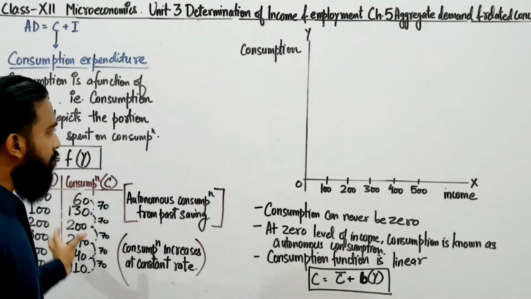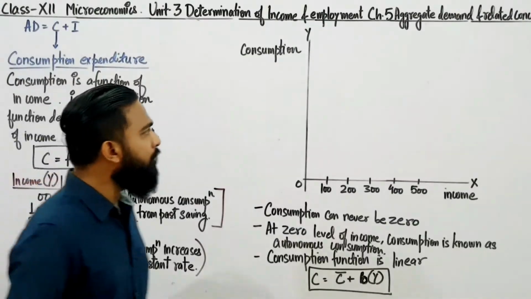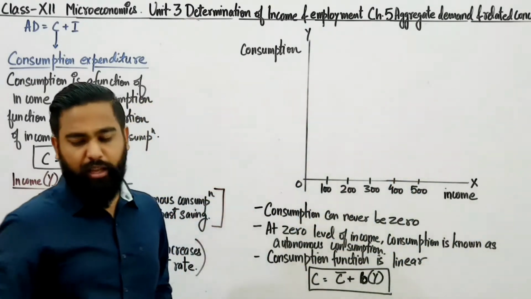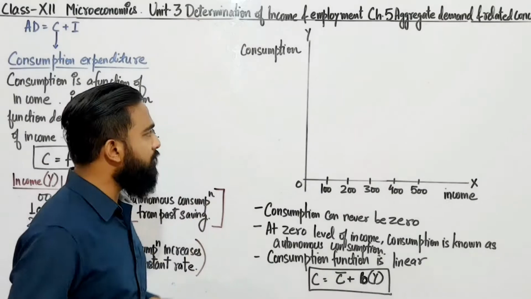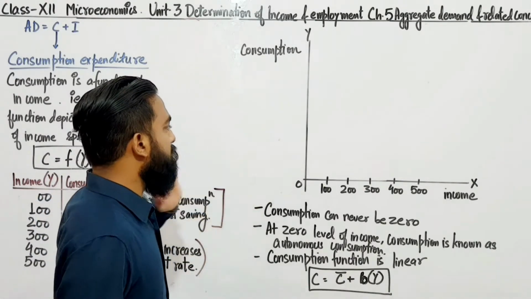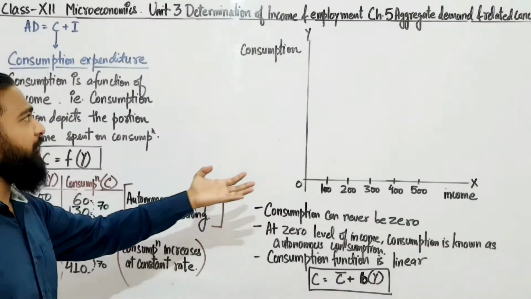Now let's draw this diagram on the graph. On the x-axis I have taken income, on the y-axis I have taken the consumption. Let's draw this. We need to draw a consumption curve. Fine.